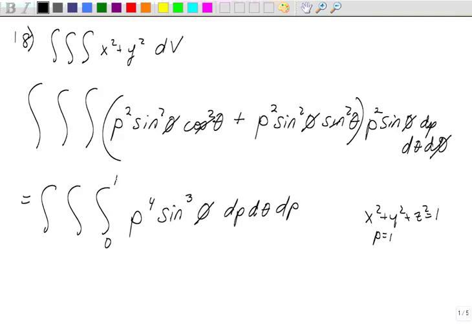So rho is going to go from 0 to 1. It's above the xy plane, so phi is going from 0 to pi over 2. And theta should go all the way around, so that's 0 to 2 pi. And then I'll let you do the integration on that.